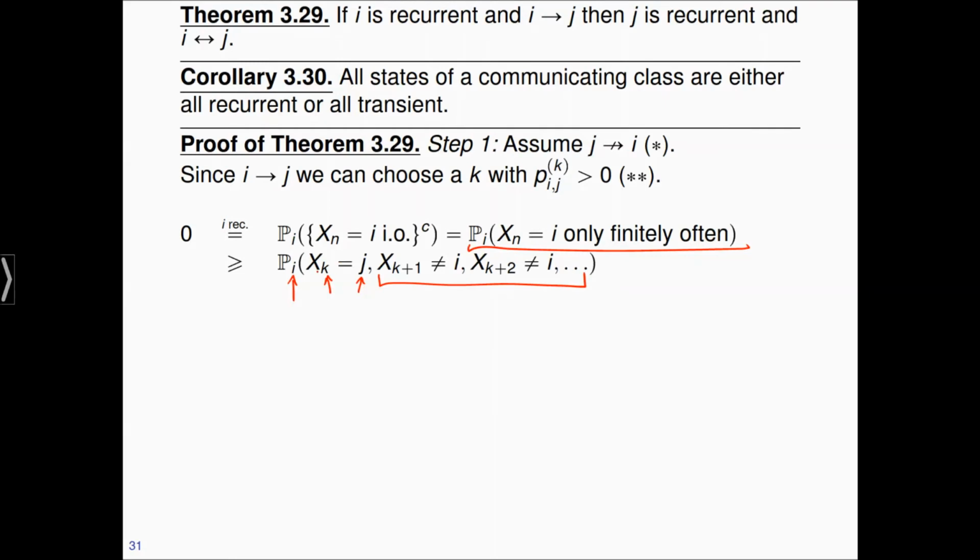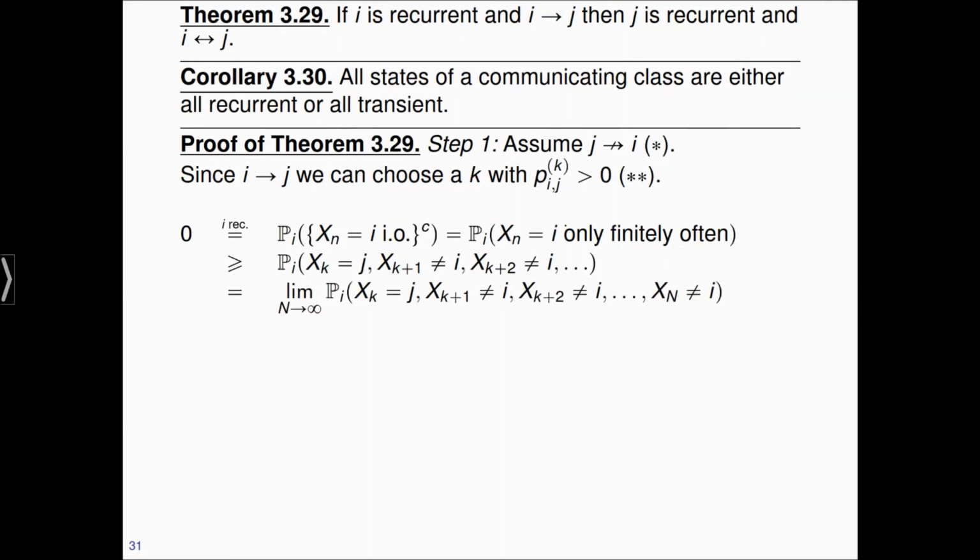So there is a time k, which I'm fixing, and k is the k from here, and at time k you visit J, and after that you don't see I anymore. There are certainly other possibilities of seeing I only finitely many times, but this is one possibility. So in particular this event implies that I see the state I only finitely many times.